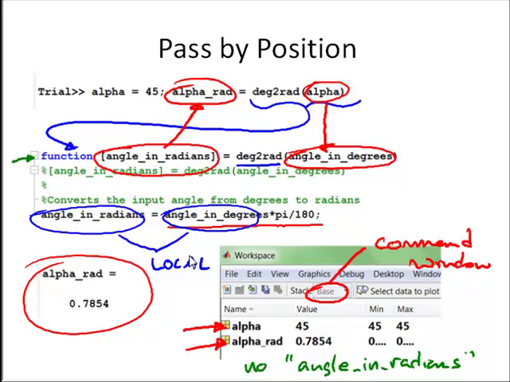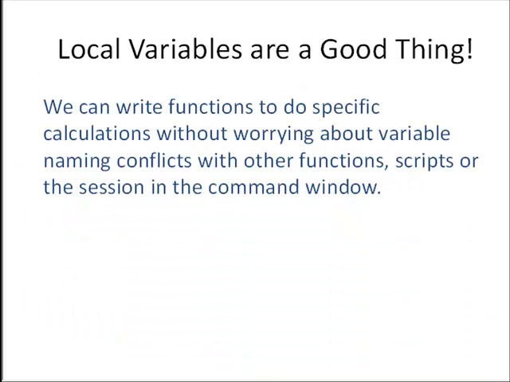It might seem like this is confusing, and for some students this can take a while to figure out, but we want to keep the big picture in mind as we get more and more into MATLAB programming, and that's that local variables are actually a really good thing.